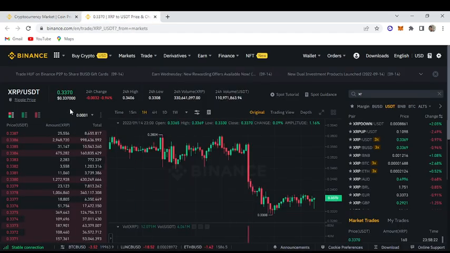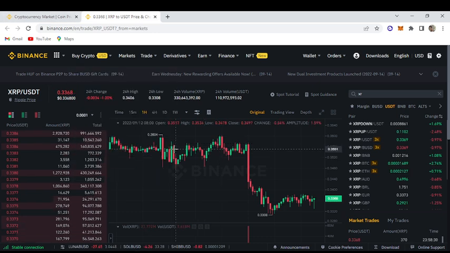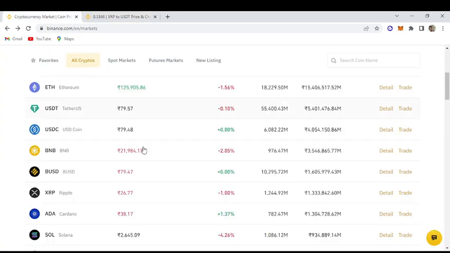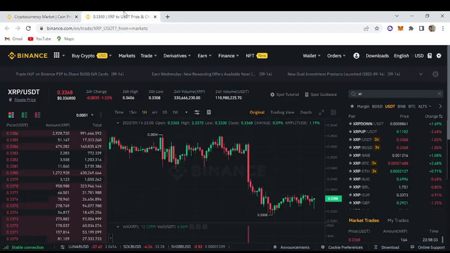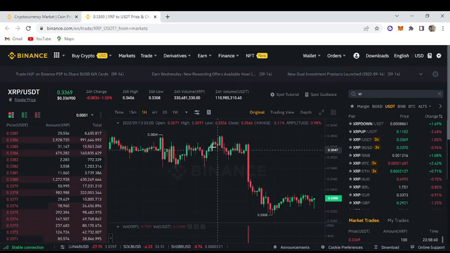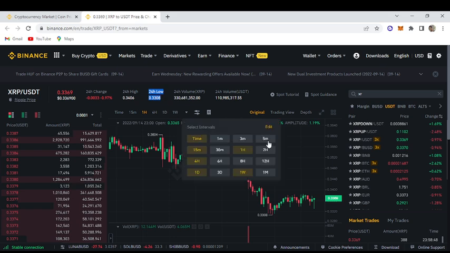The current price of XRP is 0.3370, and in the last 24 hours the change is -1%. The 24-hour high was 0.3406, and the 24-hour low is 0.3308.